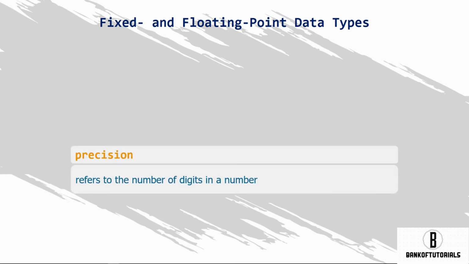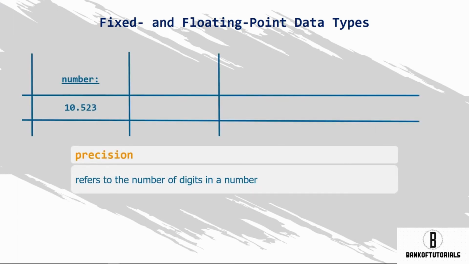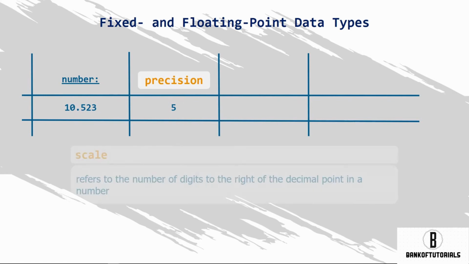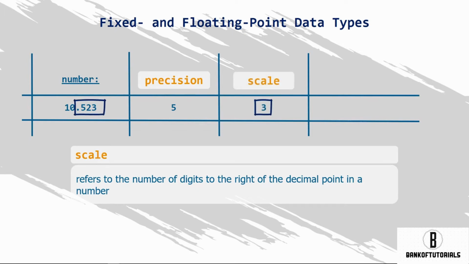Precision refers to the number of digits in a number. For instance, we say that the number 10.523 has a precision of 5. The other term, scale, refers to the number of digits to the right of the decimal point in a number. Therefore, this same number, 10.523, has a scale of 3. Okay.